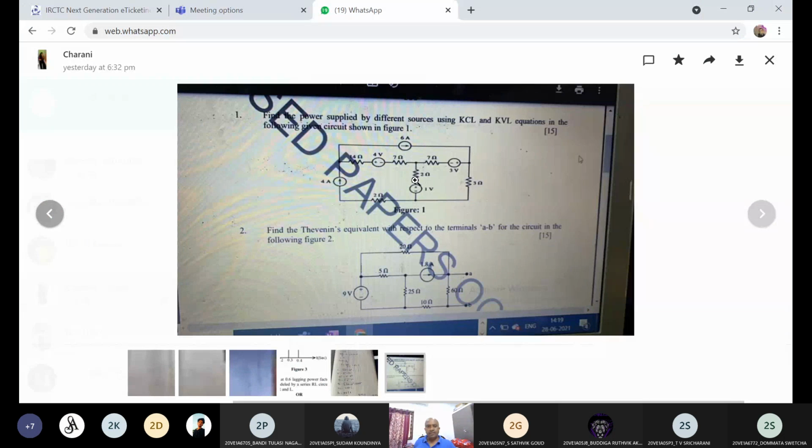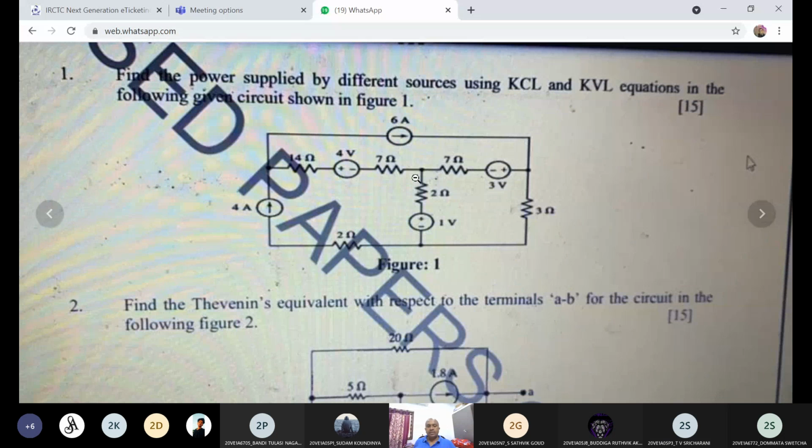So here, yes, are you able to see? Yes, sir, we can. Here, just apply Kirchhoff's laws. We have three loops, and in those loops, apply Kirchhoff's laws.